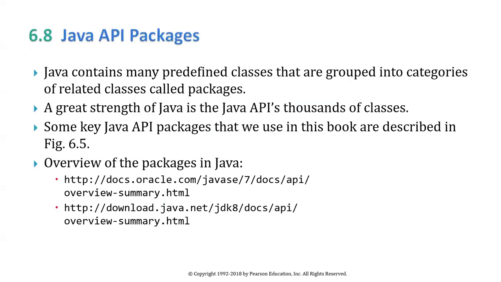Okay, let's have a look over the Java API packages. Java contains many predefined classes, and one of the most common is Math, right? If you remember, Scanner is also predefined. Those we call packages. A great strength of Java is that the Java API has thousands of classes.